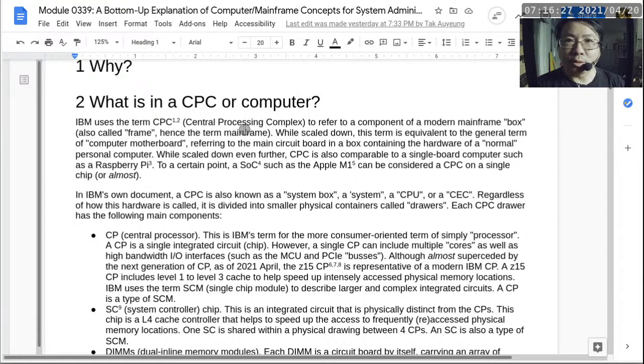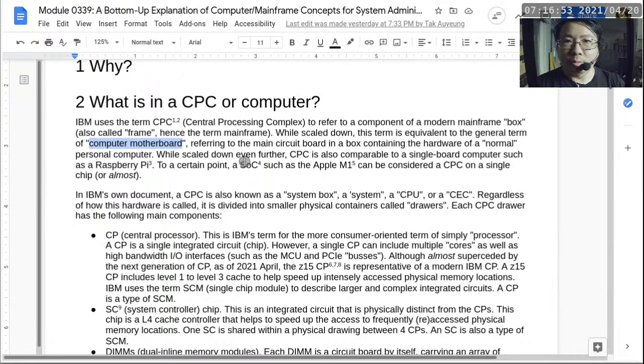Now, obviously, a personal computer doesn't have nearly as much resources as a CPC, which is a component of a mainframe computer. But in terms of what it contains and what it does in the entire system, it is comparable. So that is where we got to the computer motherboard, which is a term that refers to the main circuit board inside a personal computer.